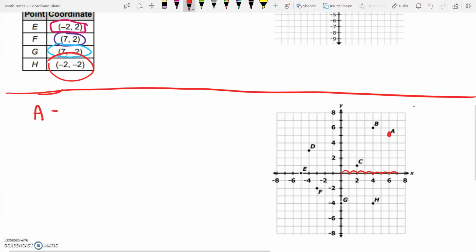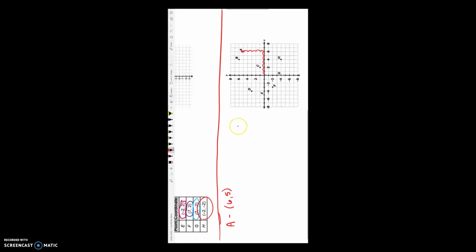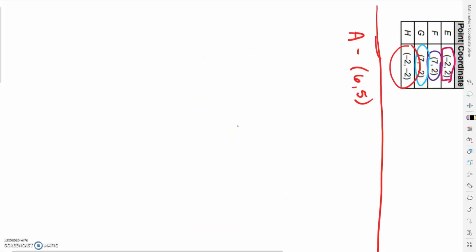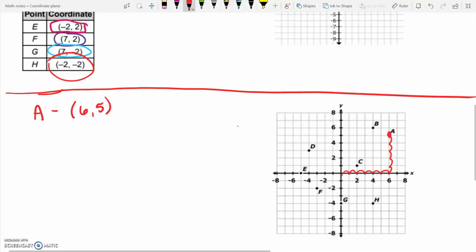Oh, I went too far, so 6. I'm going to go up 1, 2, 3, 4, 5. So we have X is 6, Y is 5. That would be point B. Point A. Oh, darn it. There we go.